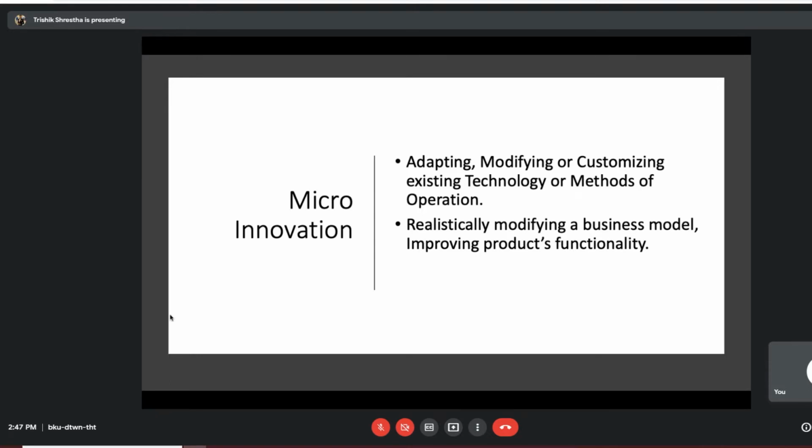If you find a way to save space and incorporate double or triple more people inside that limited office space, then you're practicing micro innovation. What you're doing is enhancing the method of operation using everything that is already available to you. So it's all about adapting, modifying, and customizing rather than creating something completely from scratch.